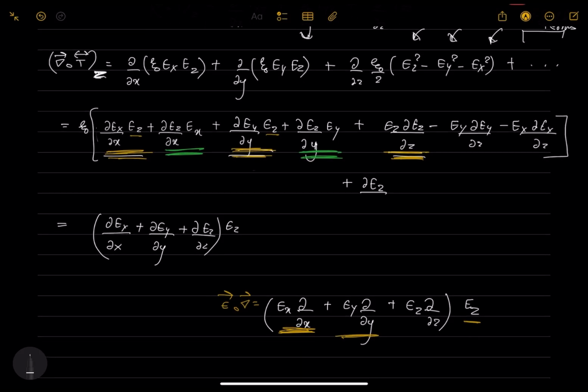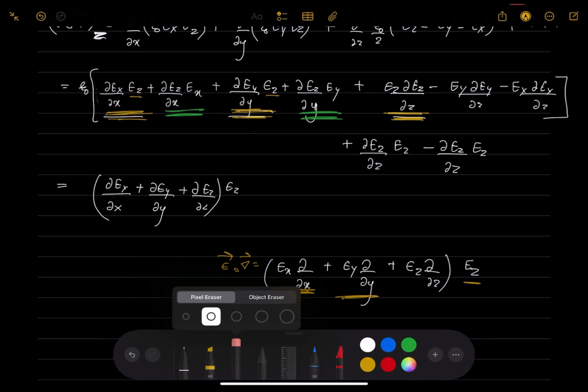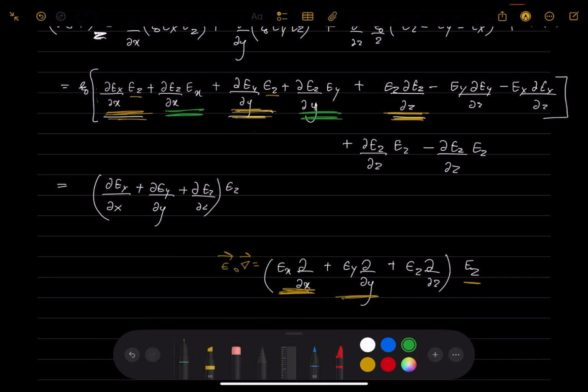So when we add that, it's just going to be dEz over dz times Ez, and we're going to have to subtract that as well, in order to stay consistent with the information that the equation is giving us. And with that, the E dot del term also becomes completed.